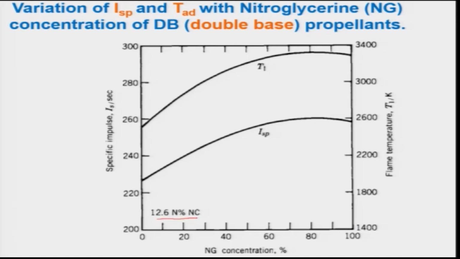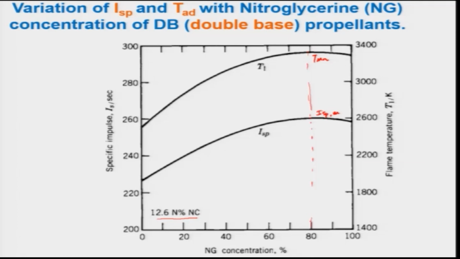nitrocellulose, this computation is done, and you can see the Isp increasing and reaching a peak value at something around 80%. So also the temperature reaches its maximum, T max, and Isp max occurs there.